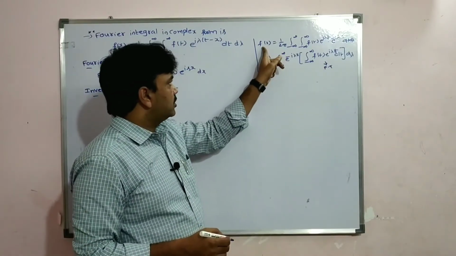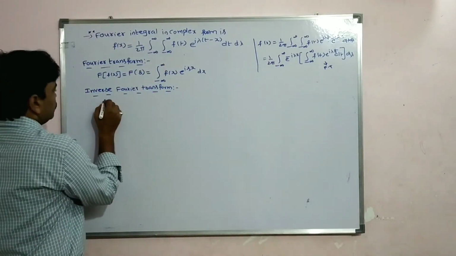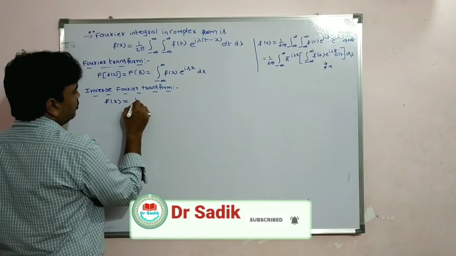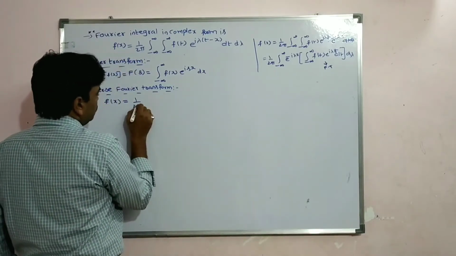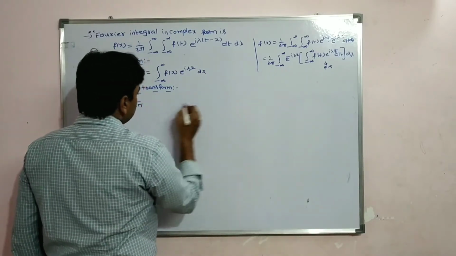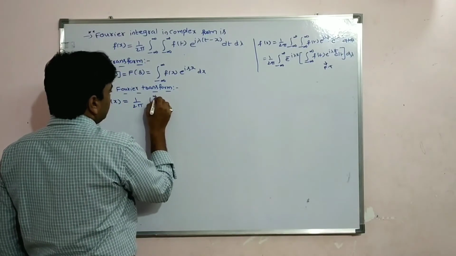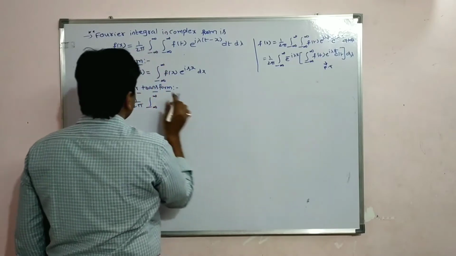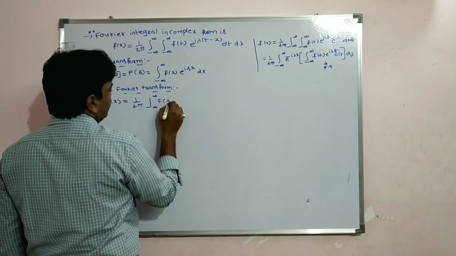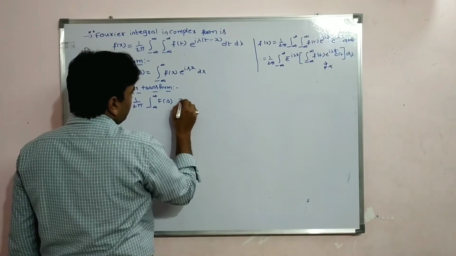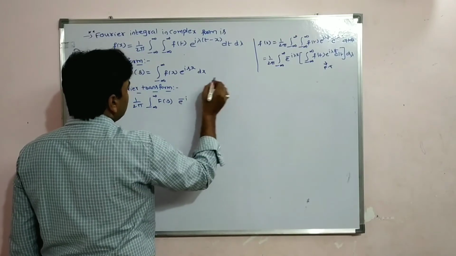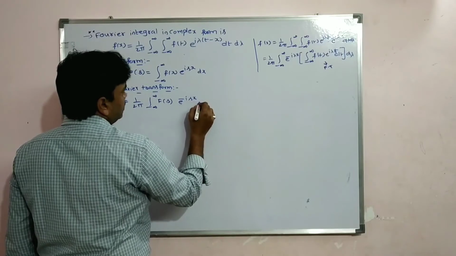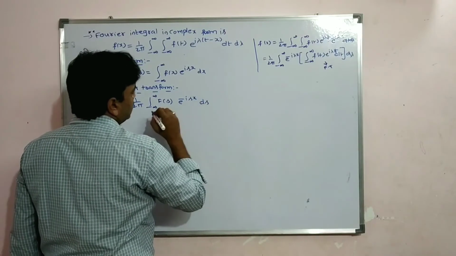So f of x is equal to 1 by 2 pi, for the integration, integral minus infinity to infinity, F of s, e power minus i s x into ds.